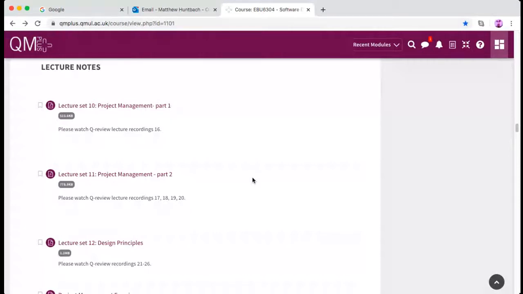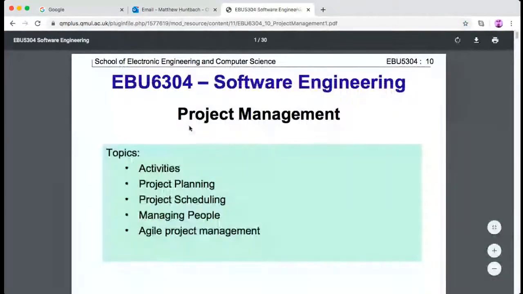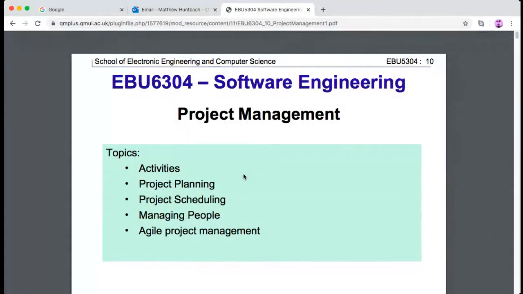Okay, let's start. What I'm doing is going through week 3. What have we covered in week 3? As you can see, it starts off with project management, and then we go on to design principles. So we're moving on from software engineering. Software engineering is about producing programs, but large scale programs, and that's the first thing to understand.